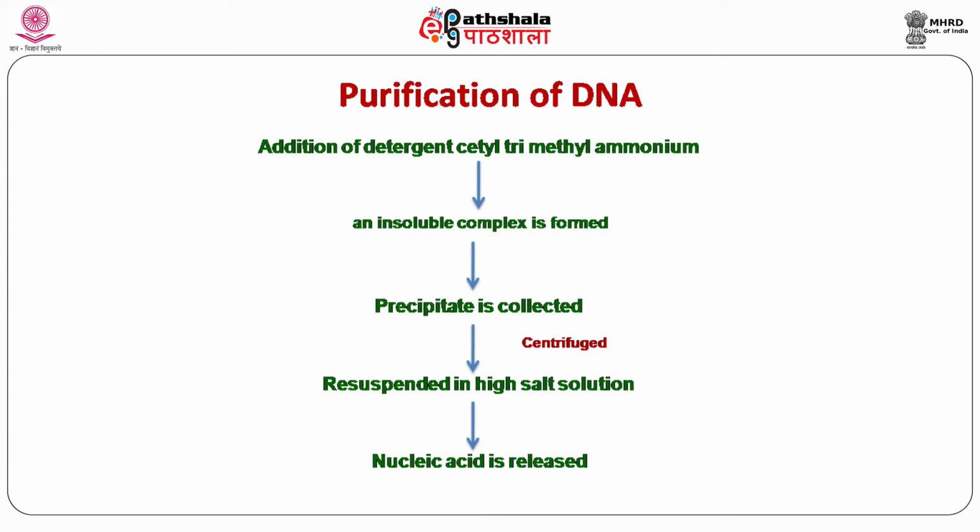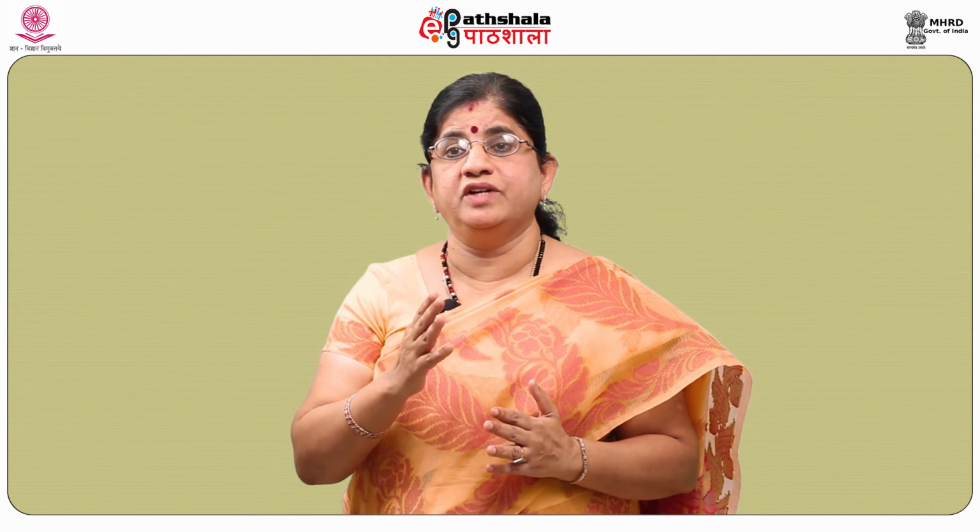This is resuspended in high salt solution, thereby releasing the nucleic acids. The second method is based on the principle of binding between the DNA and silica particles in the presence of a denaturing agent, namely guanidinium thiocyanate, and of course alternatively you can use column chromatography also.